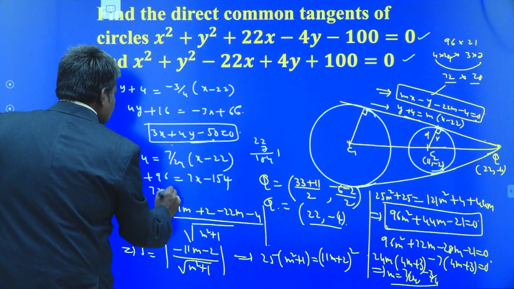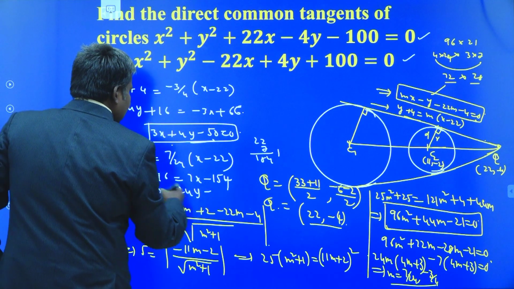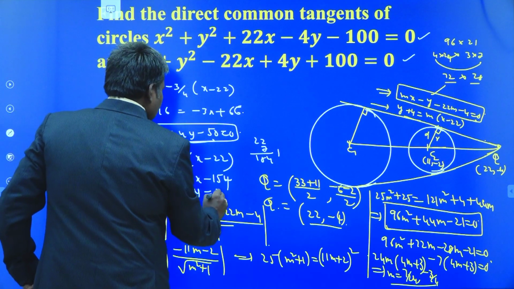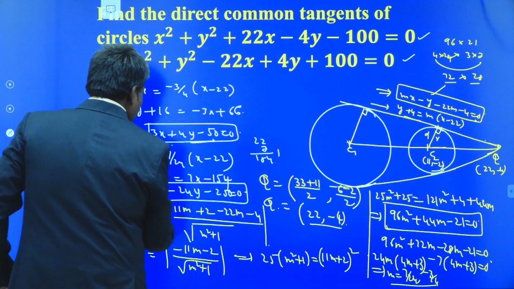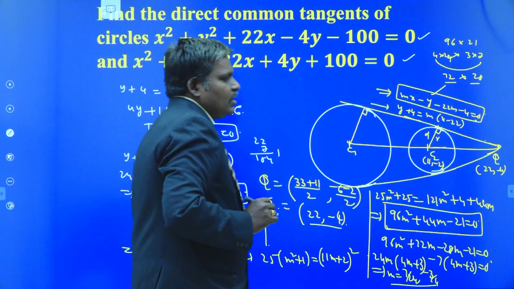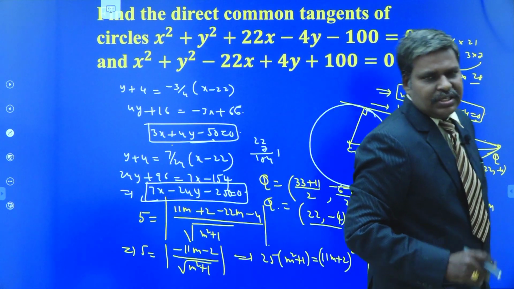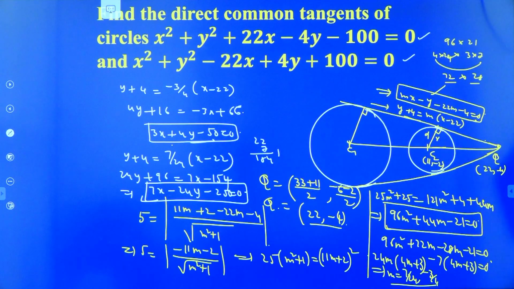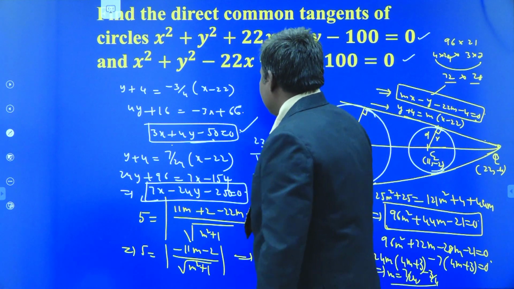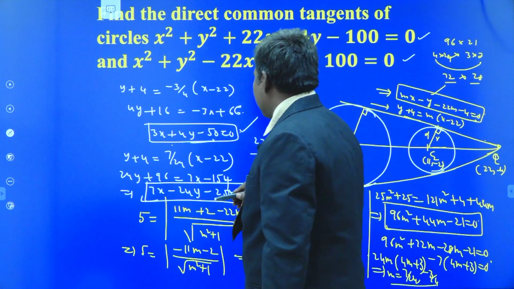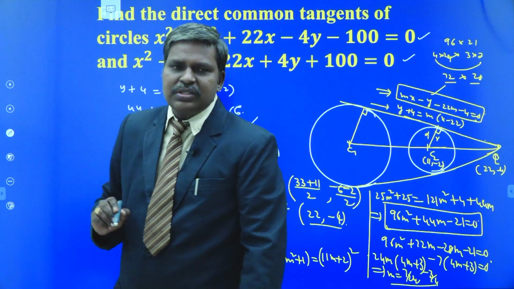So 7x minus 24y minus 250 is equal to 0. This is the equation of the other direct common tangent. So we have the two equations: 3x plus 4y minus 50 equal to 0, and another equation is 7x minus 24y minus 250 equal to 0.